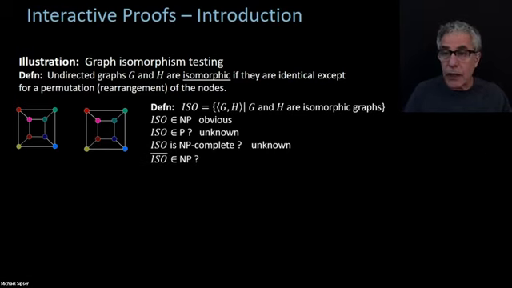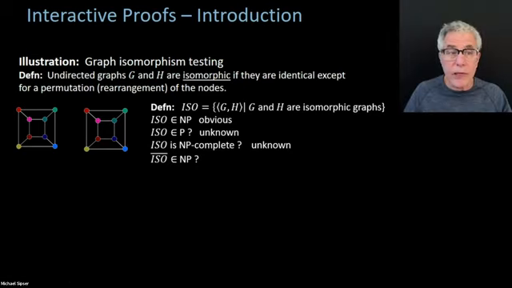Another question of the same sort is whether the complementary problem is in NP, or whether ISO is in coNP, or let's talk about it in terms of the complement, whether the complement of ISO, which I'll refer to as the non-ISO problem, is known to be in NP. So that's also not known.